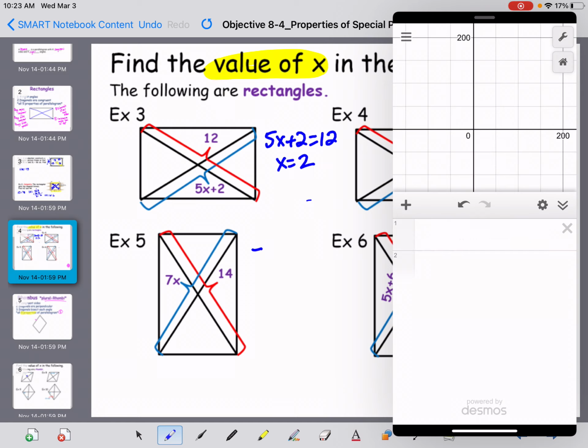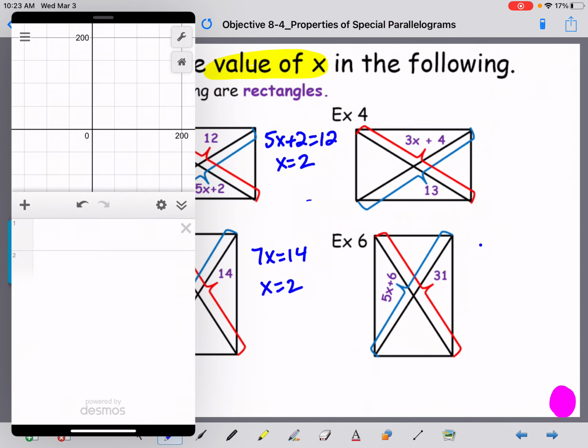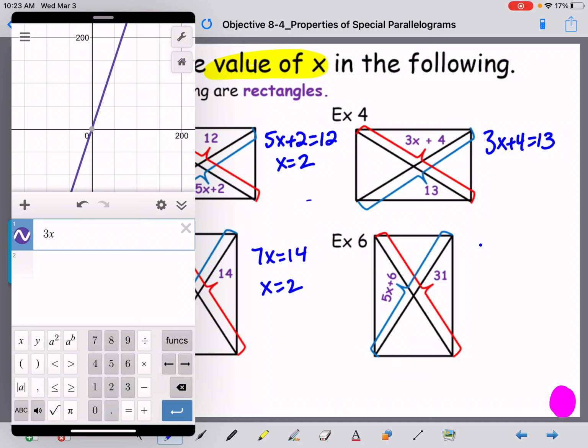The next problem, 7x equals 14. Well, I can do that one easy enough in my head. X is going to equal 2 there as well. The next one, 3x plus 4 equals 13. And honestly, with these being one-step equations, I probably would just solve them by hand.